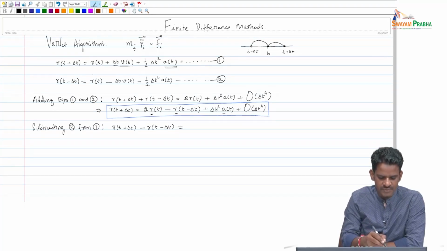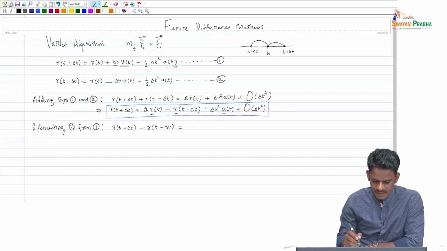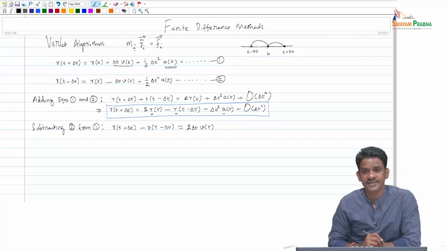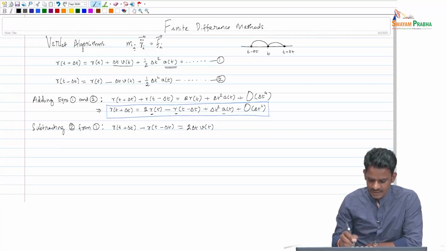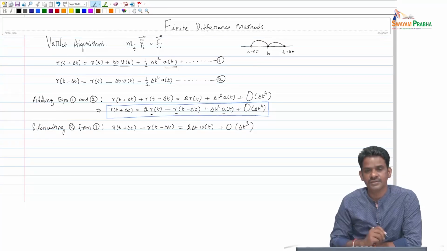You can see the first term r of t will get cancelled, and what remains is 2 times delta t times v of t. Similarly, the acceleration term will also cancel, and then you are left with only order of delta t to the power 3 terms.